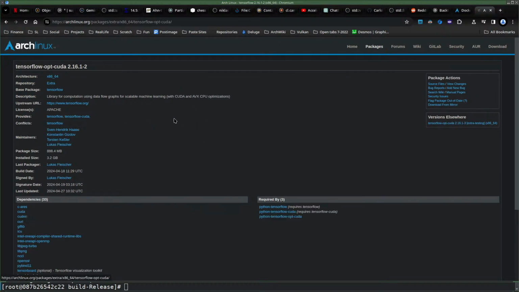I wanted to install this. Also called base.